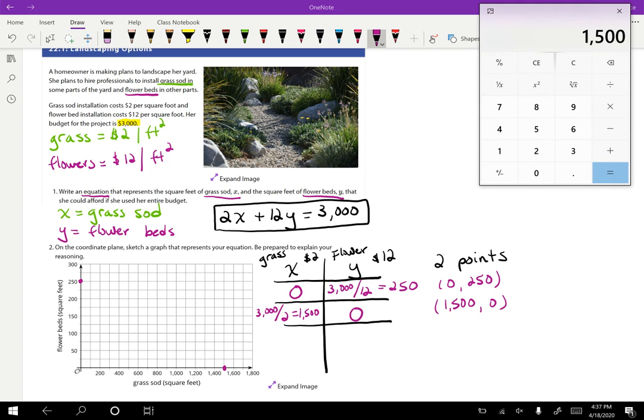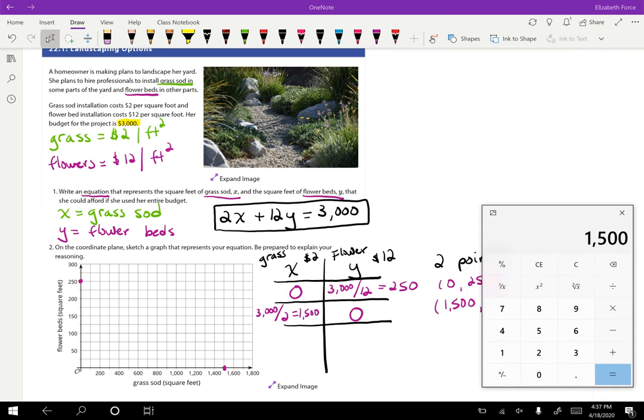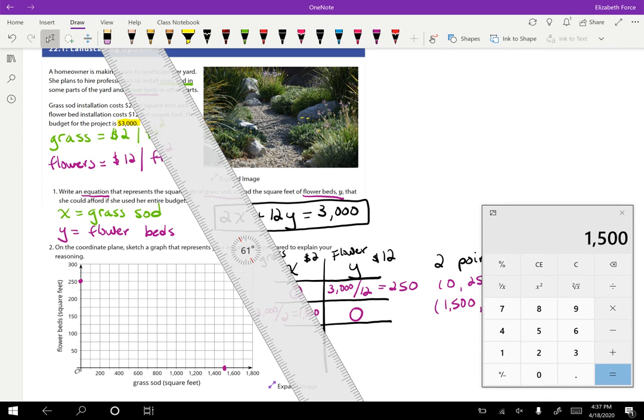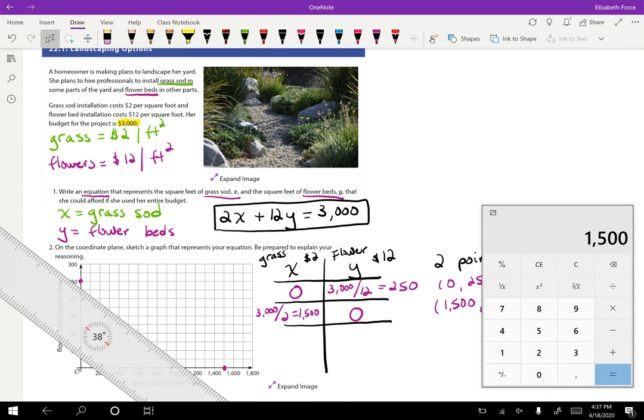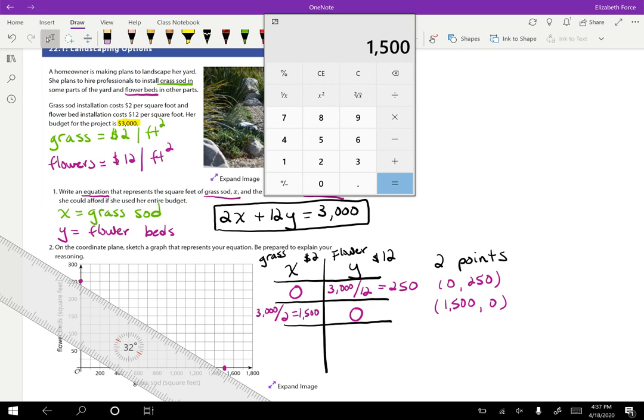Now, all you ever need is 2 points to make a line, right? So I'm just going to move this out of the way, and I'm going to bring up my ruler and connect the 2 points as best as I can. Uh-oh, screen's moving on me. All right, let's see. It's not as easy to line these two up as it is maybe on paper, but we're going to see.